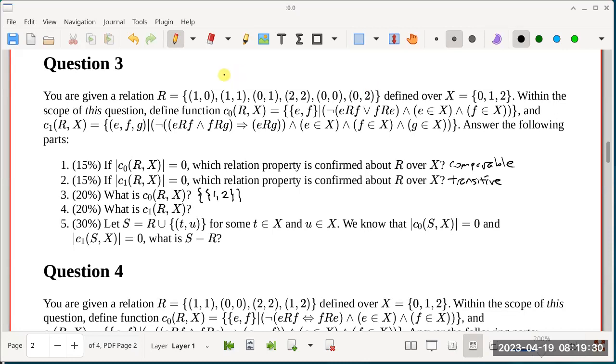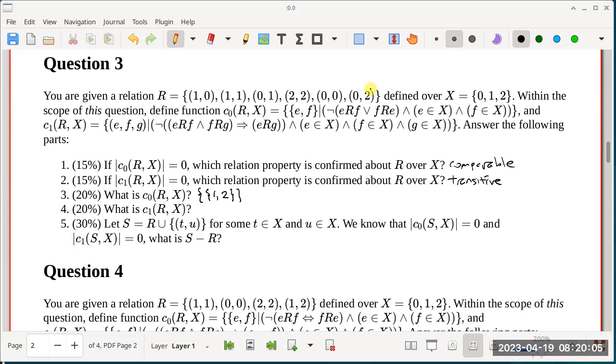So we look at all the possible cases. 0, 1, 1, 0, 1 can only be related to 1, 1, and 0, 0, so we are clear there. And then we have 0, 2. Because 1, 2 are not related at all, in terms of transitivity we cannot really say anything that involves 0, 1, 2 in the 3-tuple because we are missing a link here.